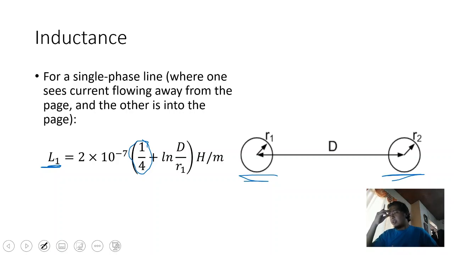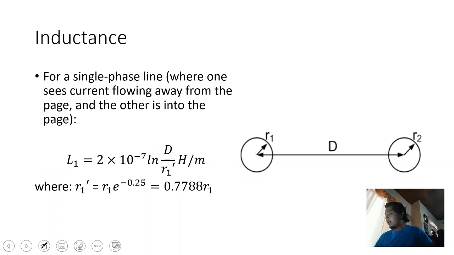Now I want you to take note here that this distance D is the distance from the centers. Okay? So yeah, this is R1 prime. It's R, hindi pala siya R1E. Mali ata yung nasulat ko kanina.